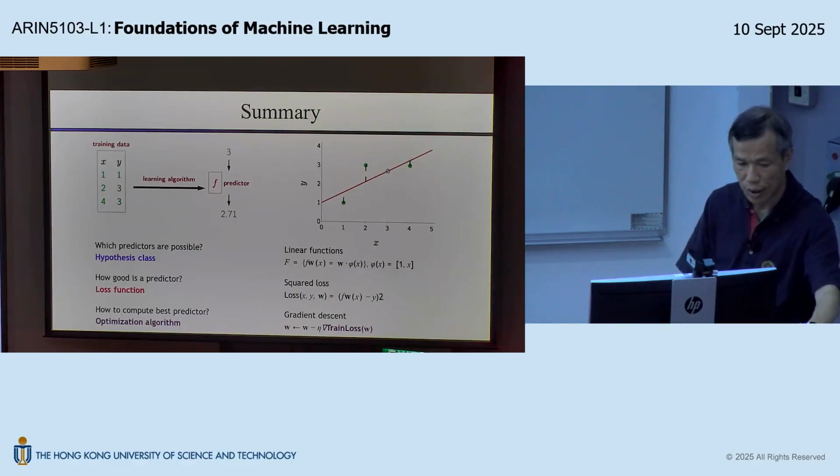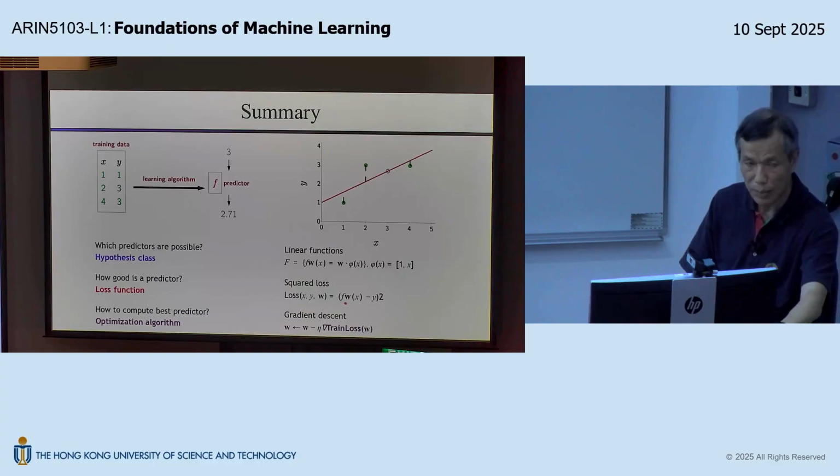Next, you have to measure the performance of the model, so you have to specify a loss function. Here we use the square loss. Finally, you have to pick an optimization algorithm so that you can find the W which minimizes the loss. Here we use gradient descent.